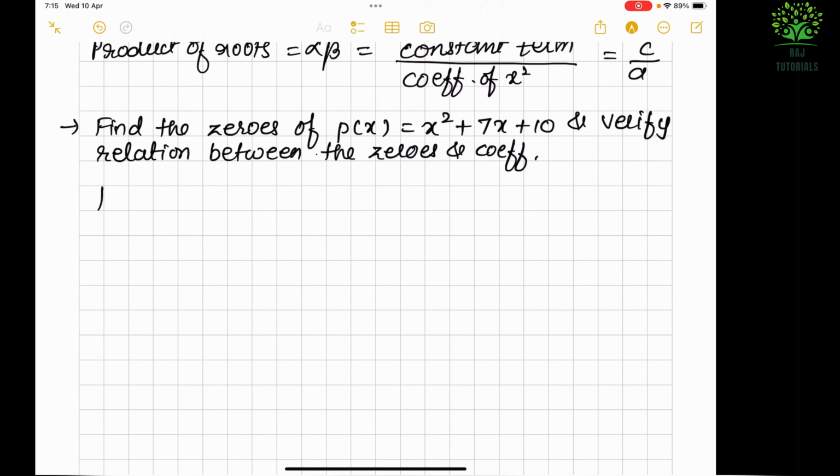So p of x given is x square plus 7x plus 10. So I need factors of 10 whose sum is 7. So I will get 5 and 2.